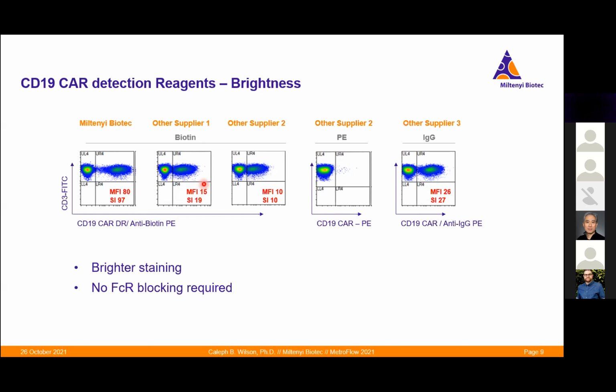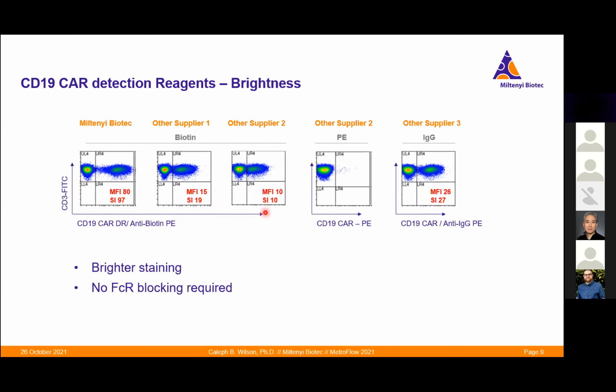If we look at the first commercially available supplier, the percentages are roughly about the same. However, when we look at the MFI and stain index, it drops a lot compared to the Miltenyi product. And for supplier 2, we see that the MFI and the stain index drops even more.